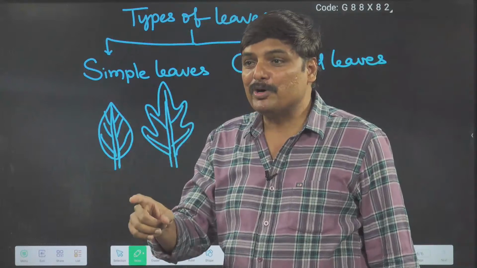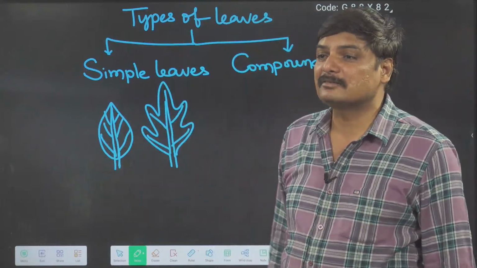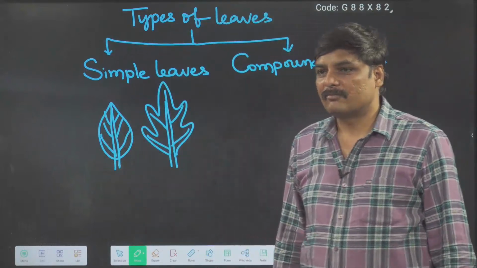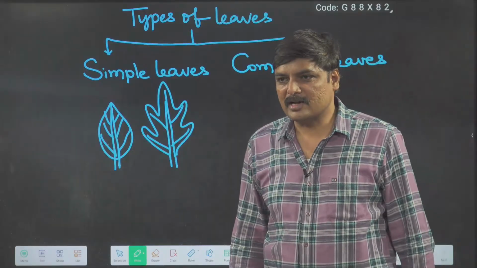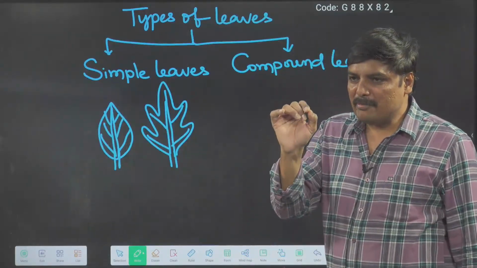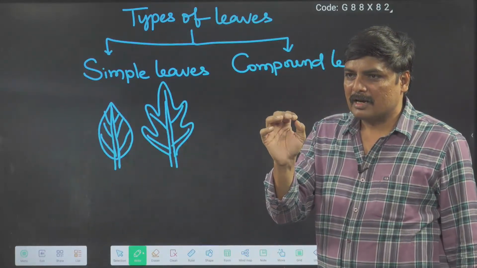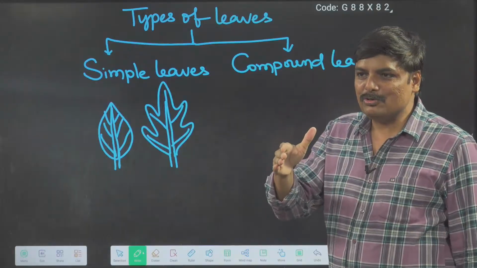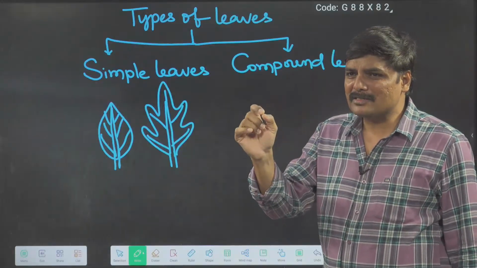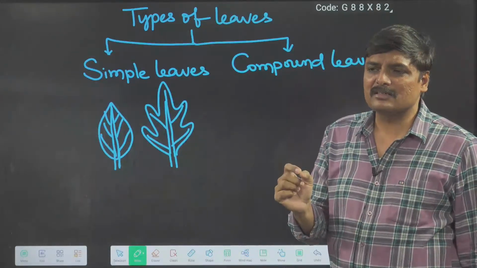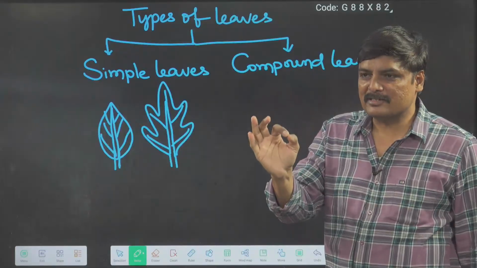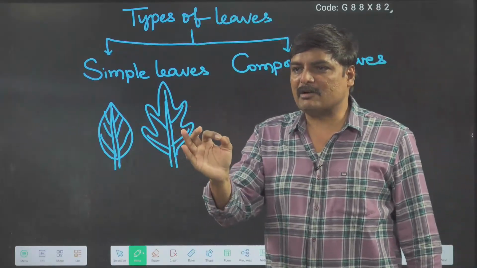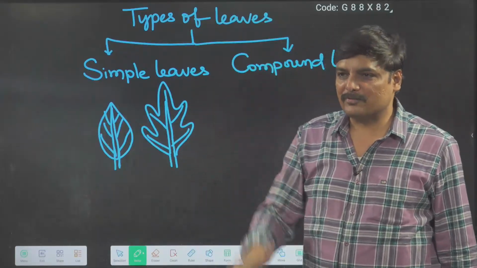In the compound leaf, leaflets are present. Understand? So the lamina is dissected into small parts. These parts are called leaflets. So a leaf with leaflets is called a compound leaf.